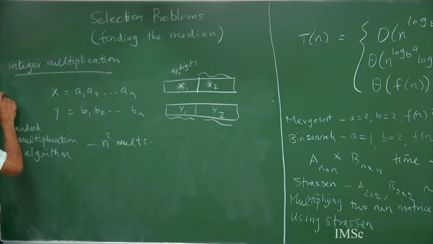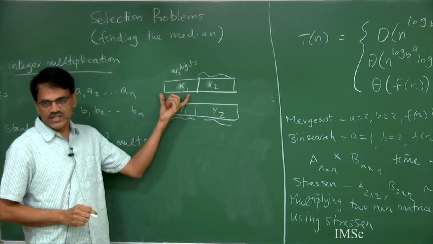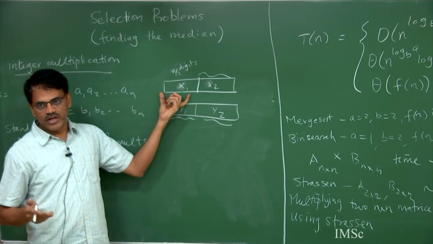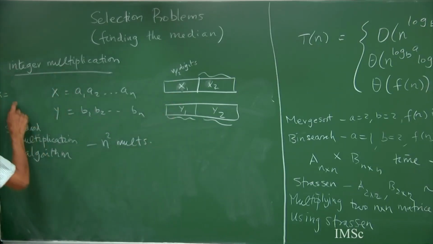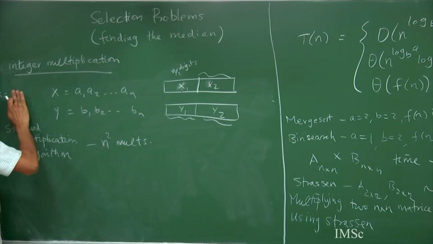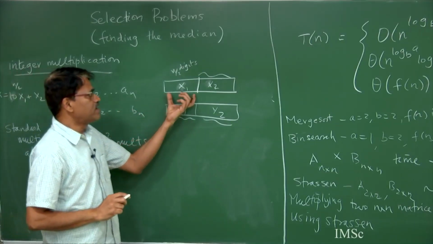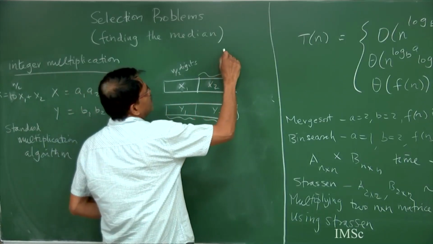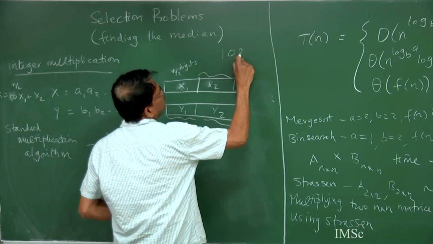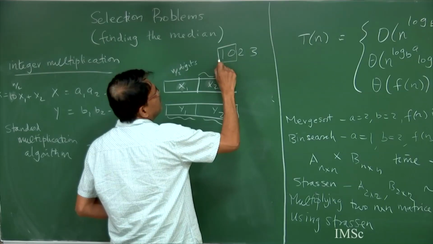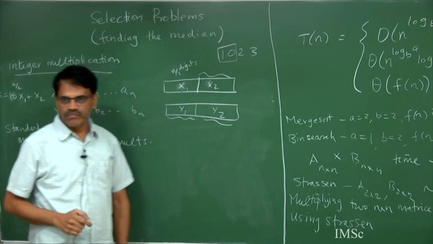If you look at x1 as a number with n by 2 digits, then x is 10 power n by 2 into x1 plus x2. It is basically saying if I have a number which is 1023, then it is 10 into 100 plus 23.